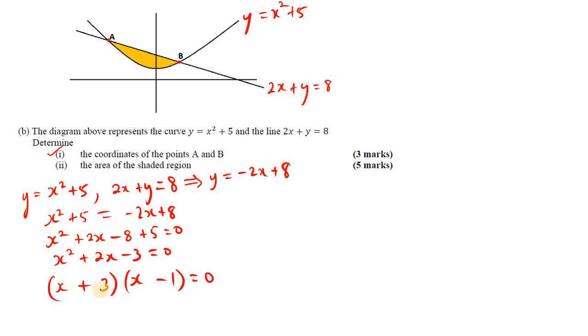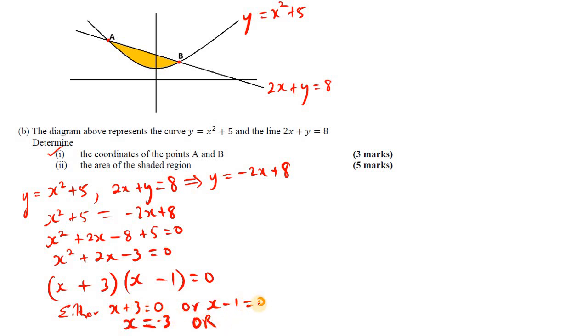Alright, now, given that these two quantities multiply to give us 0, either this one is equal to 0 or this one is equal to 0. So either x plus 3 is equal to 0, or x minus 1 equals 0. Now if x plus 3 is 0, I can transpose the plus 3 as minus 3. So x is equal to negative 3. Or we can say we subtract 3 from both sides.